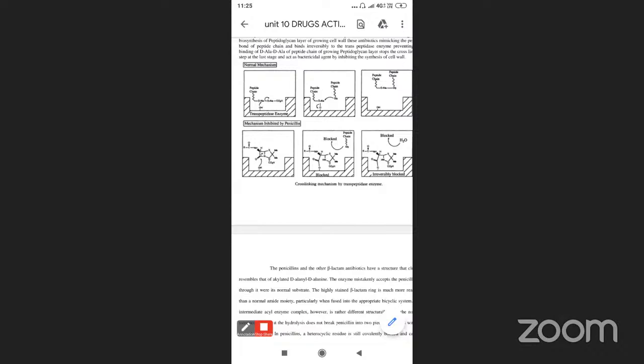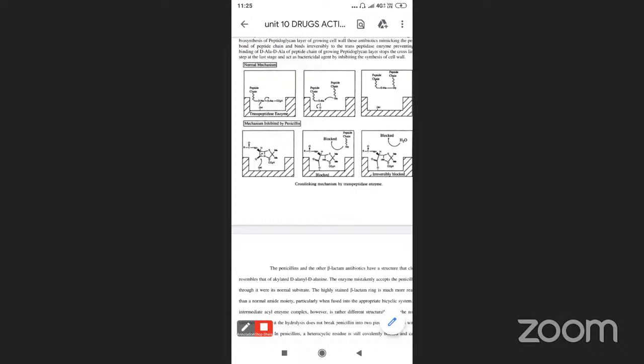Competitive inhibition is nothing but where both the neurotransmitter and the drug compound, the endogenous chemical and the exogenous chemical, are going to compete with each other.